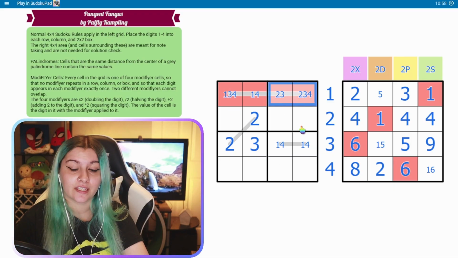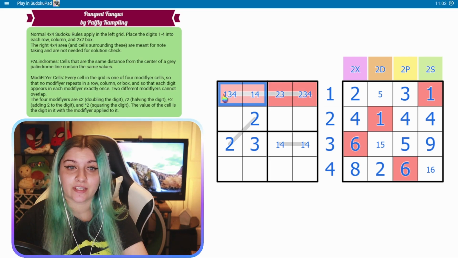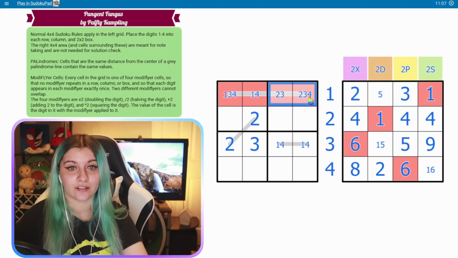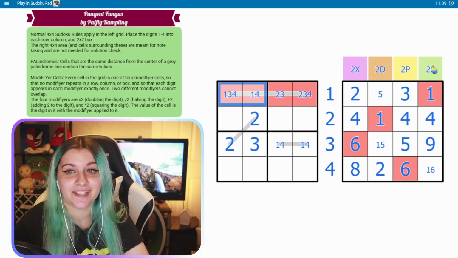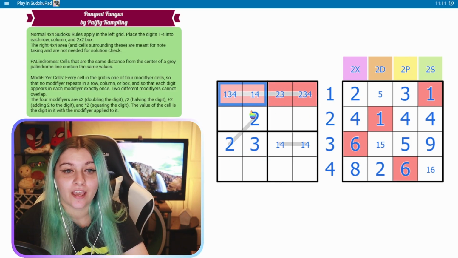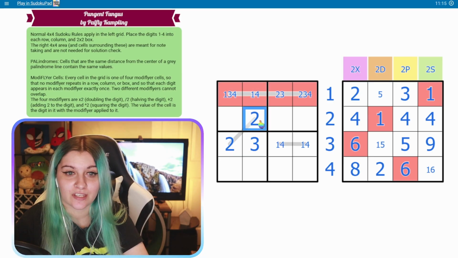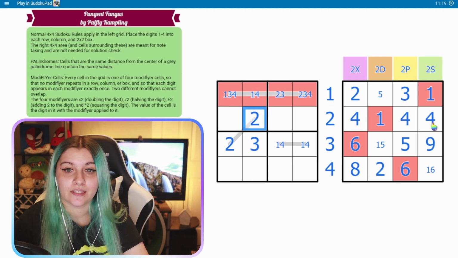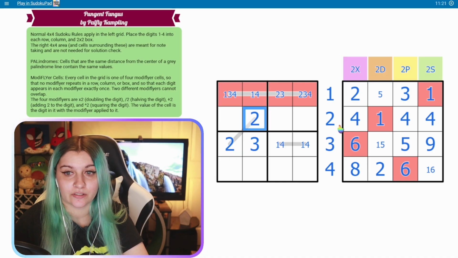I definitely have orange over here, and I definitely have green over here. So this can't be green. Oh, there's a start. Look at that. Okay, the 1 is using green squared, and I can only use the modifiers once per region also. So this can't be a green 2. This is going to be a yellow or a pink 2.